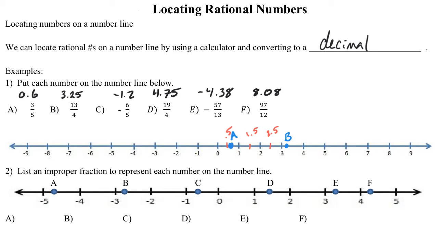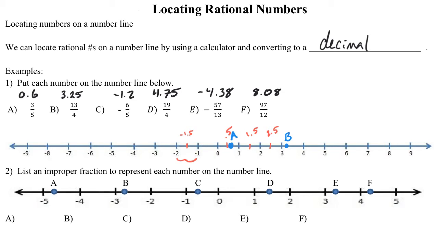Okay. Now, the negatives. Sometimes these can get a little tricky. So -1.2. That's going to be in between -2 and -1. And we kind of have to think about the negatives in reverse. So right here, we would have -1.5 right in the middle.